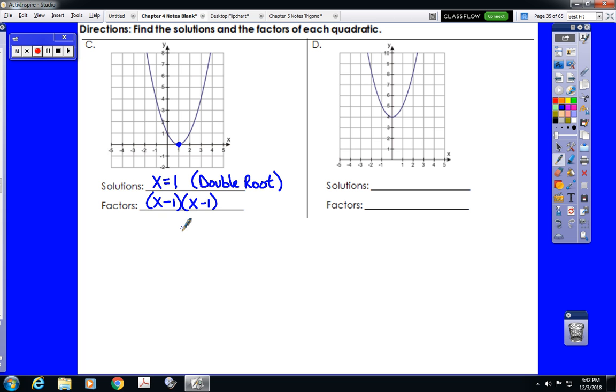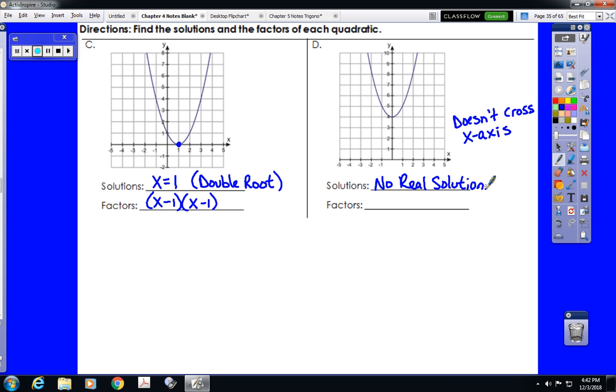Finally, on letter D, the solutions, well, it doesn't touch the x-axis. And if it doesn't cross the x-axis, then it has no real solution. Notice I didn't write no solution. I wrote no real solution because that quadratic still has two solutions.